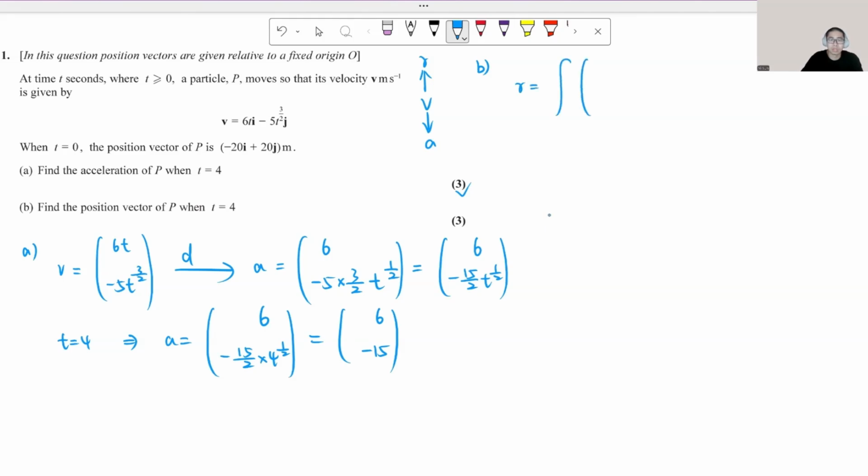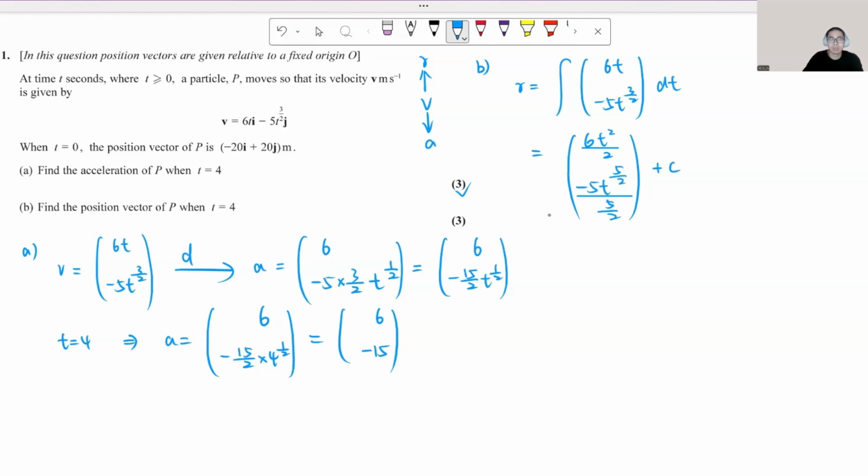If we integrate 6t and negative 5t to the power 3 over 2, we plus 1 to the power, then divide by the new power. Again, 3 over 2 plus 1 is 5 over 2, and then divide by the power of 5 over 2. And don't forget to put plus c.